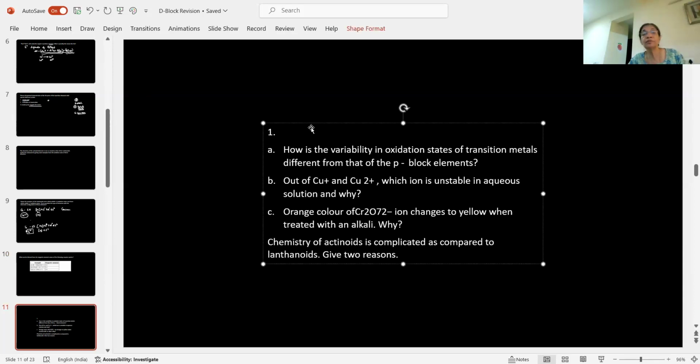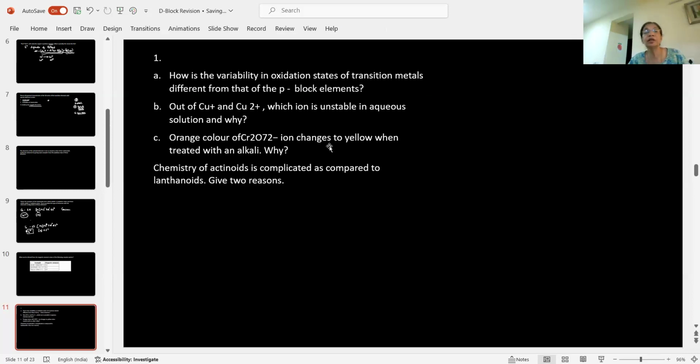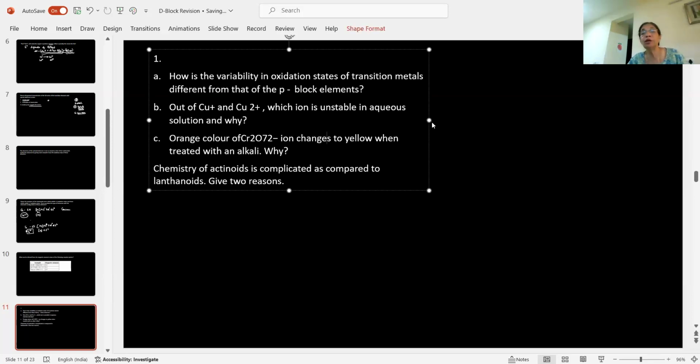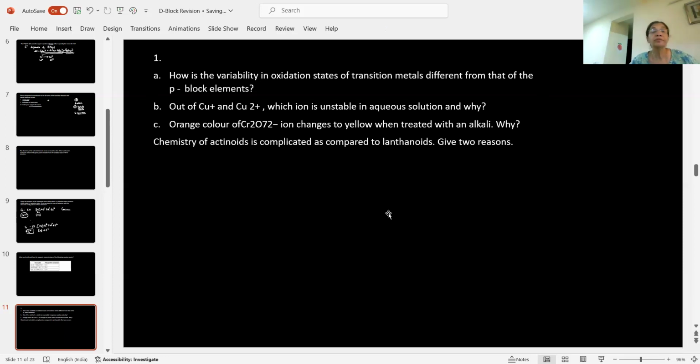The next one is how the variability of oxidation state of transition elements differ from that of p block elements. Can you tell me? I have discussed this. In the variability in case of p block elements, if an element shows 2 oxidation states, then one oxidation state will differ from the other one by 2.